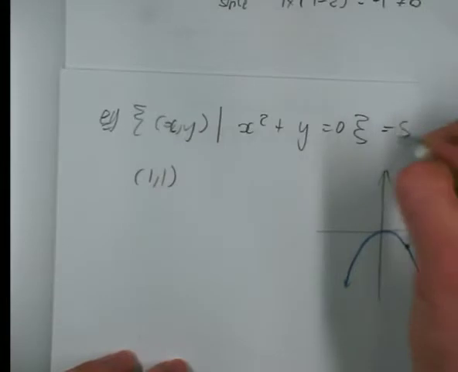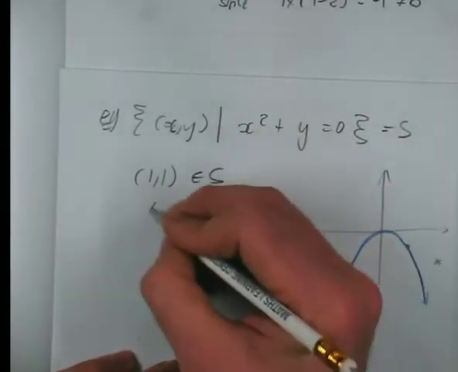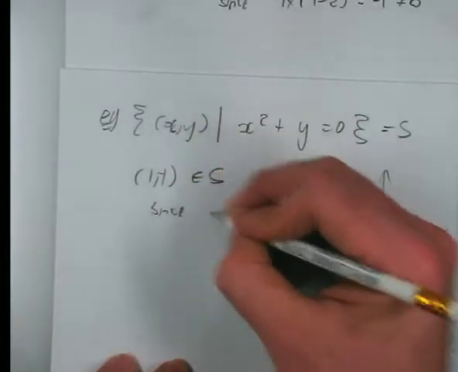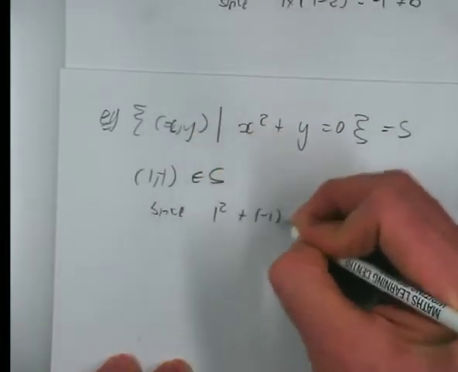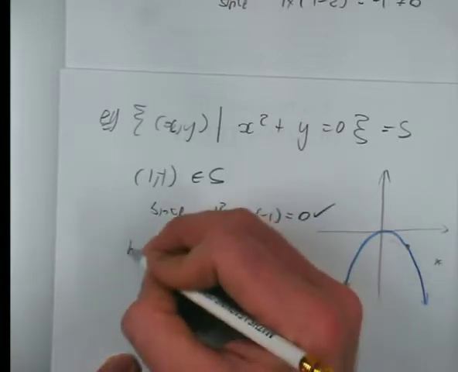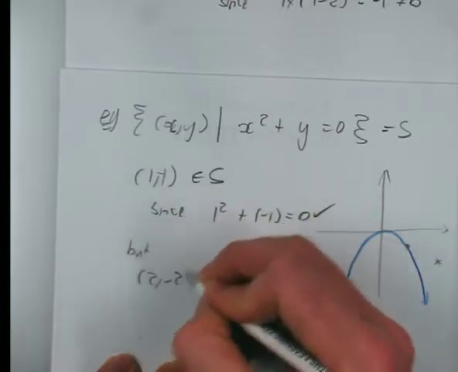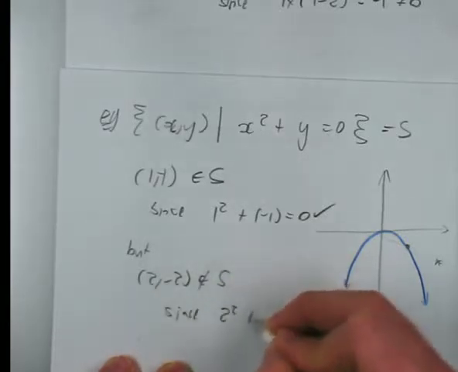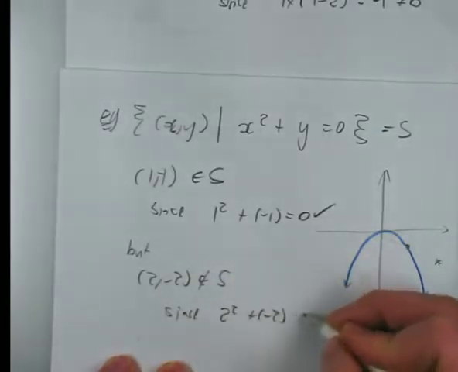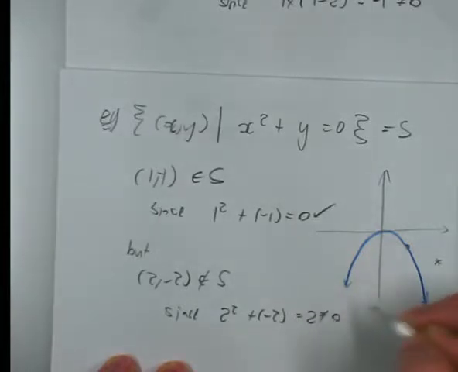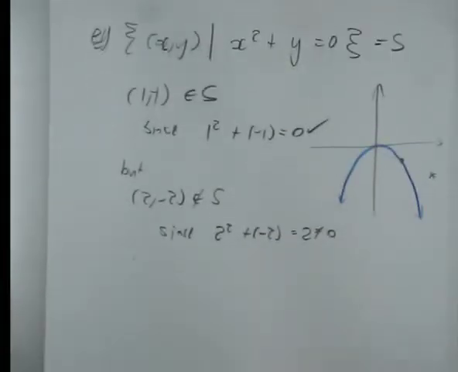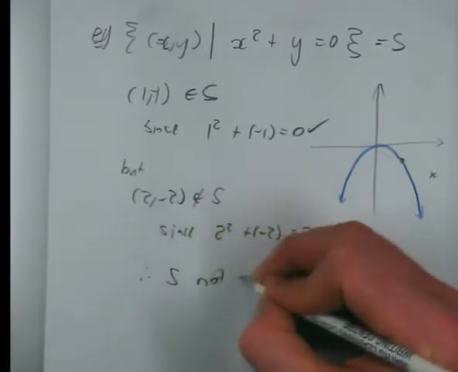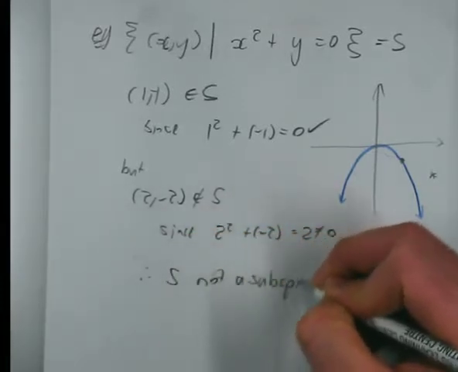So 1, minus 1 is in S, since 1 squared plus minus 1 is 0, but 2, minus 2 is not in S, since 2 squared plus minus 2 is 2, which is not 0. And so scalar multiplication doesn't work, therefore S is not a subspace.